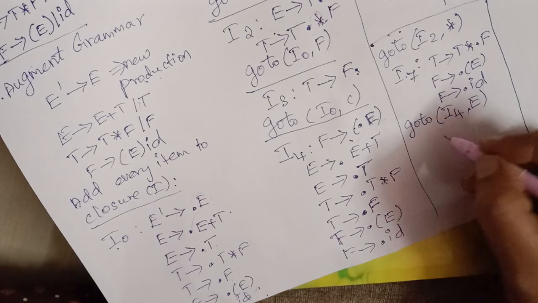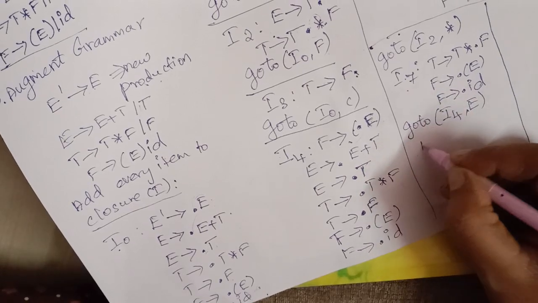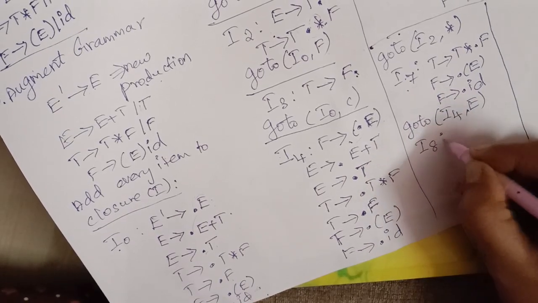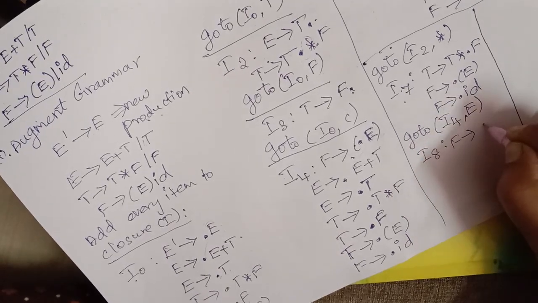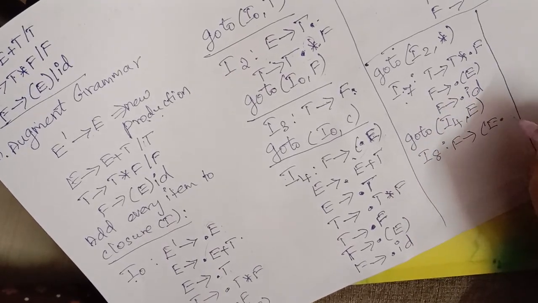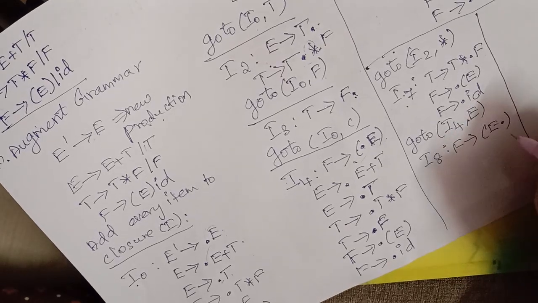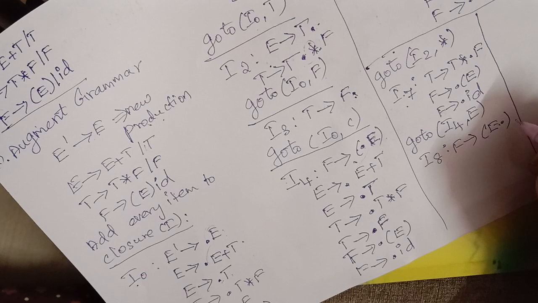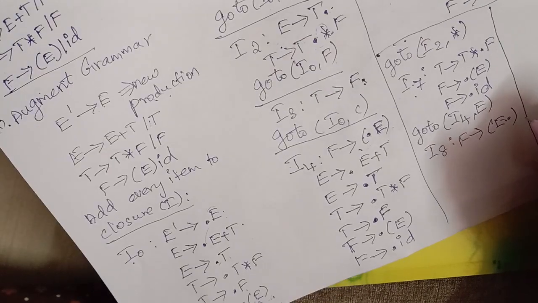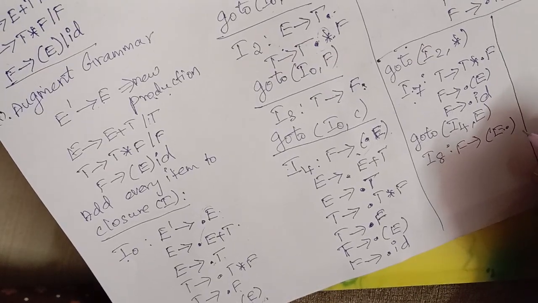After I7 I'll have a new item set I8. So I8: F tends to E dot will be coming. After the dot it is a terminal, so no need to do anything.